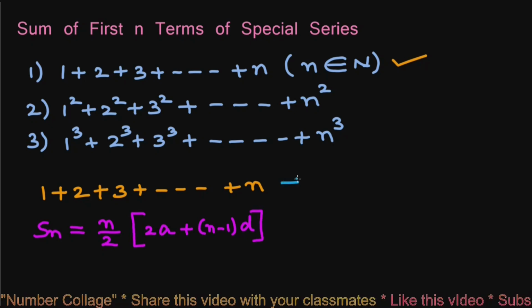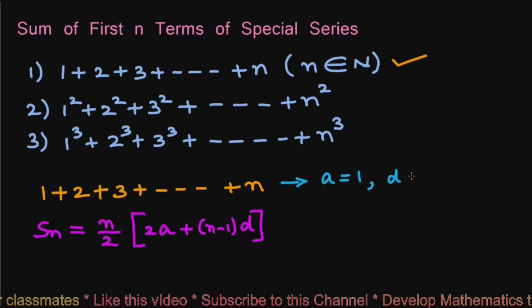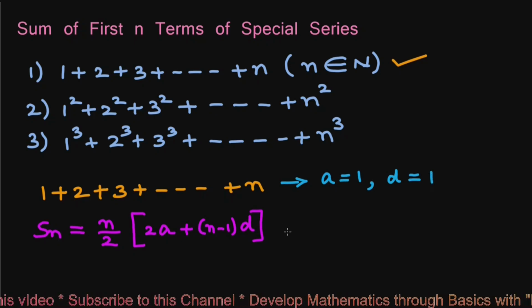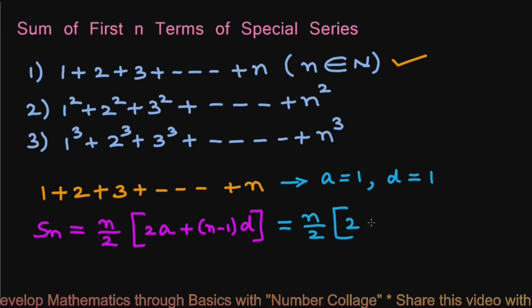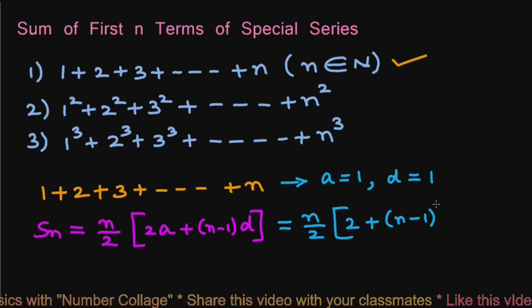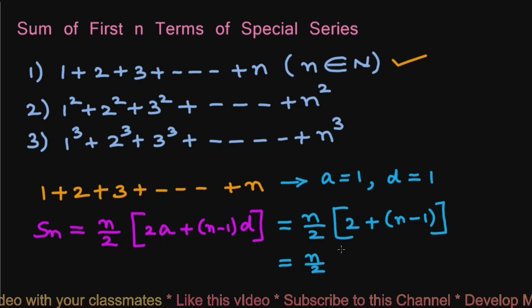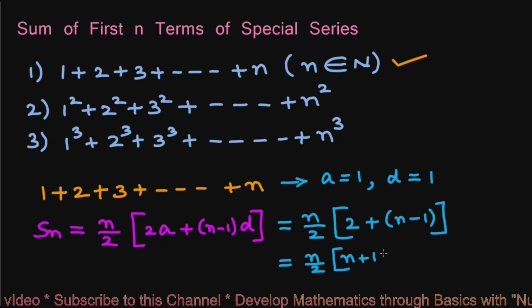For this series, we have a equals 1, common difference d also equals 1. So substituting the values here, we get n by 2 into 2 into 1, that is 2, plus n minus 1 multiplied by 1, that will be n minus 1 only. So that will be n by 2 into 2 minus 1, which is 1, so that is n plus 1.